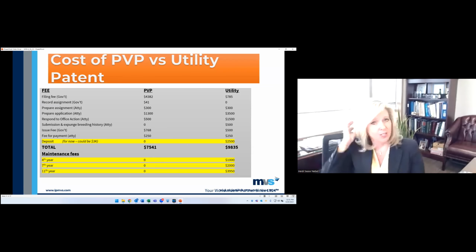So here's what I was alluding to earlier, the difference in costs. As you can see, the filing fee for a utility patent for a small entity is $785, where for a PVP, it's $4,382. Recording the assignment, $41.